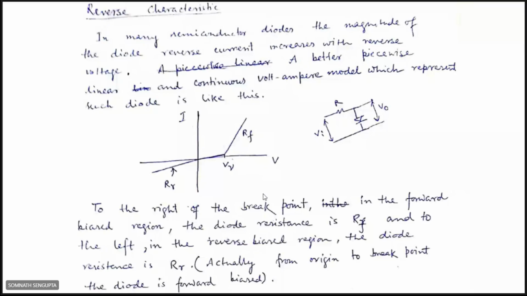But if you consider the reverse bias resistance, say RR, and this is the forward bias resistance, then it will be more accurate for analysis.